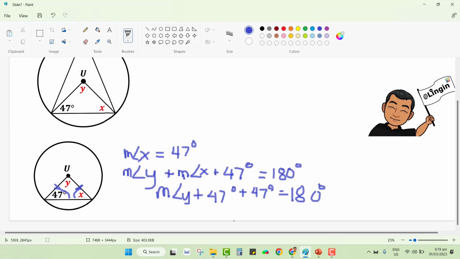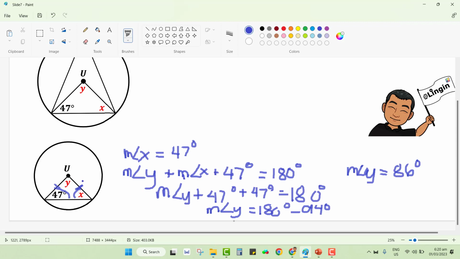And by solving that, we could show that the measurement of angle Y is just equal to 180 degrees less the sum of 47 and 47, or twice 47, which is 94 degrees. This will give us a result for the measurement of angle Y equal to 86 degrees.